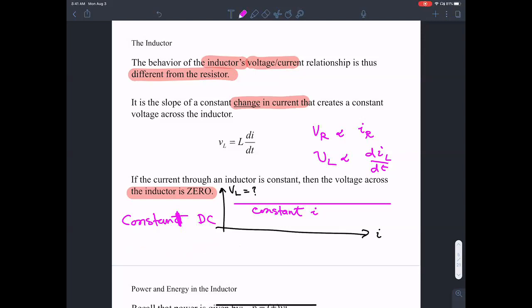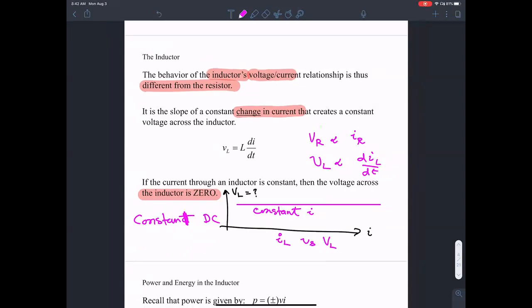When a constant DC is applied, there is no voltage drop. So this is I of an inductance versus V of an inductance, the IV graph. When a constant DC is applied, inductance acts as a short.